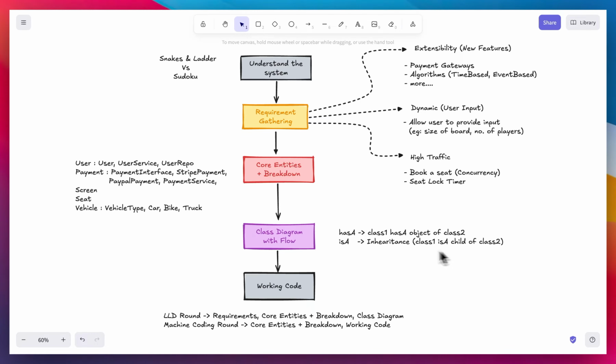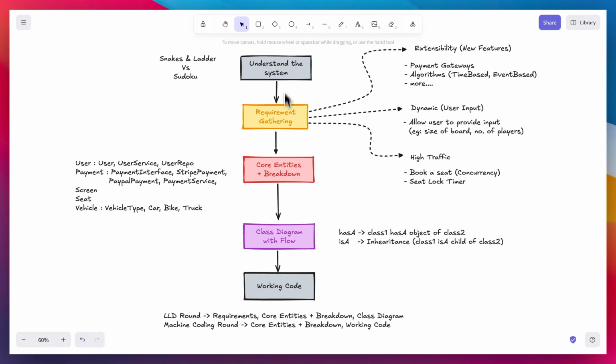Okay. And has-a relationship is between class 1 and class 2 when class 2 is one of the attributes of class 1. Okay. So once we know the flow of our system, we would be easily converting that flow into working code.